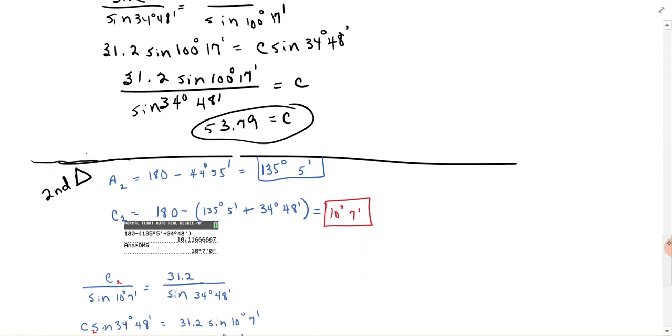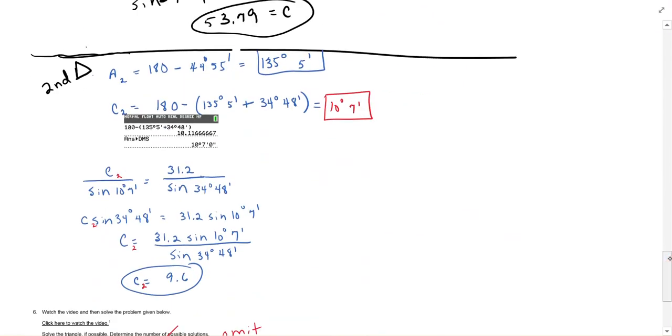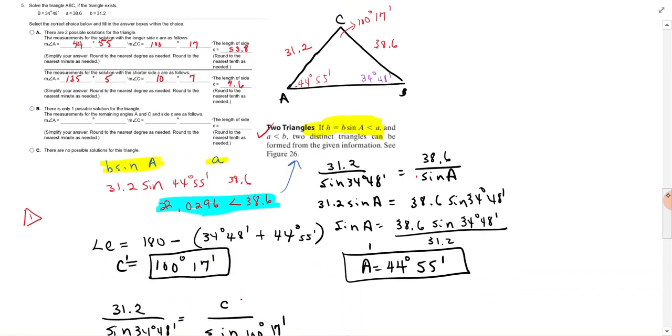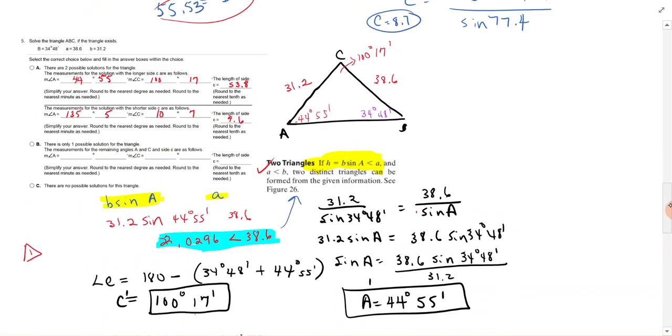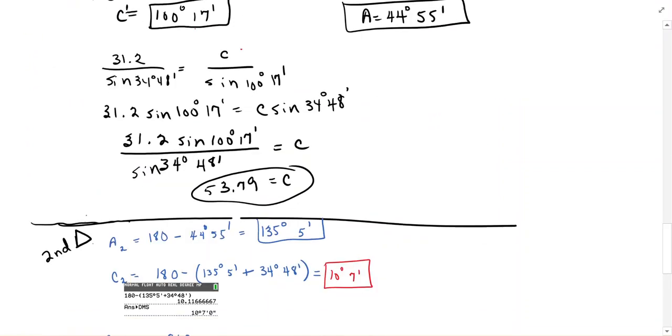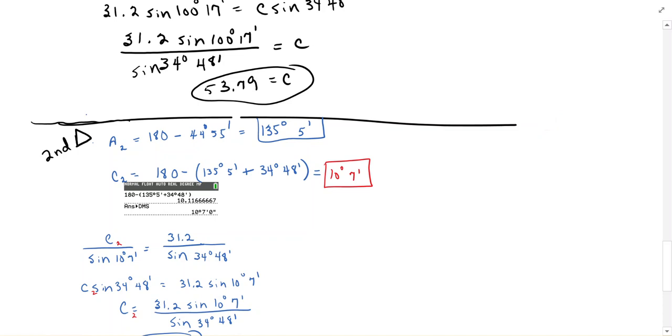Then when we get ready to do the second triangle, the angle that we found initially, the A that we found, was 44 degrees 55 minutes. So if we subtract that from 180, we see that we're still under 180. So that's another clue that you're going to be able to have two triangles.